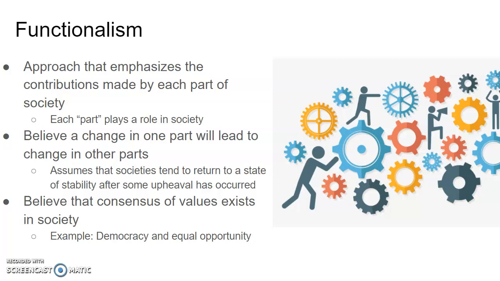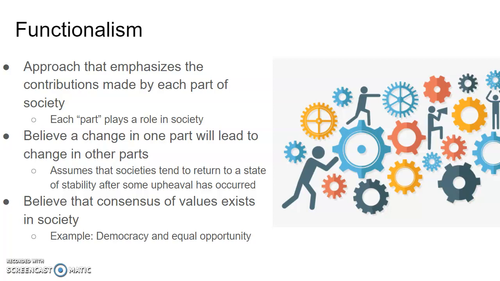So a family is there to bring up children, to try to teach them the principles and beliefs of a community. Religion is there to help emphasize that and teach people how they should act within society. Education is there to make sure that they can help advance society.